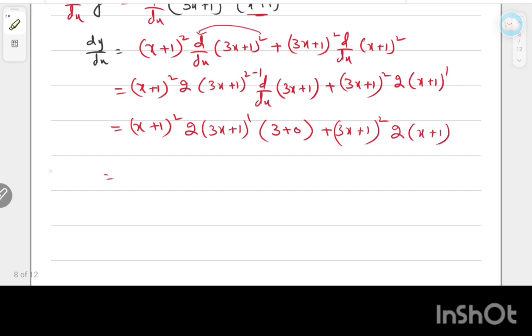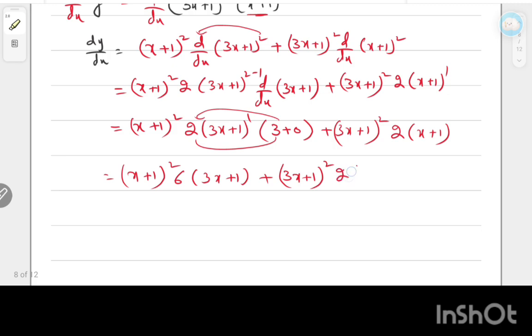Now 3 multiplied by (x plus 1) square, and 2 times 3 is 6, so 3 multiplied by 2 the answer will be 6. Okay, now (3x plus 1) square times 2 times (x plus 1).